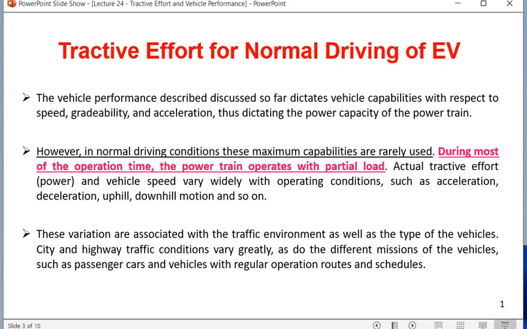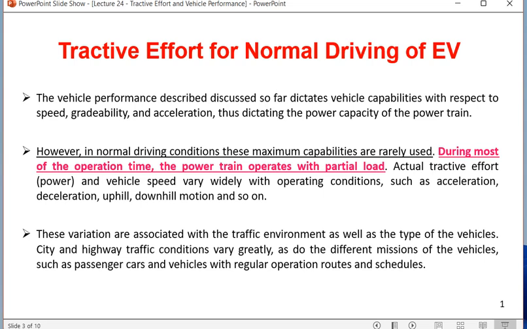But whenever there are different driving conditions like acceleration, deceleration, uphill, downhill motion, these are the situations under which we can check the vehicle for different kinds of capability. Acceleration, deceleration, speed, gradability, all these things can be checked. What is the pickup, how fast it picks up the actual speed.